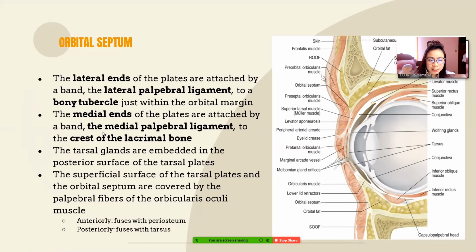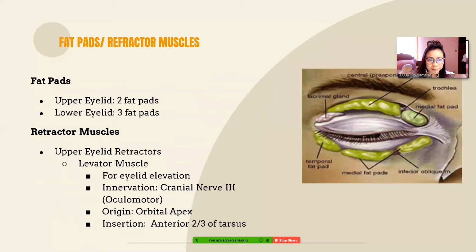The tarsal glands are embedded in the posterior surface of the tarsal plates. The superficial surface of the tarsal plates and the orbital septum are covered by the palpebral fibers of the orbicularis oculi muscle. Anteriorly, it fuses with the periosteum, and posteriorly, it fuses with the tarsus.